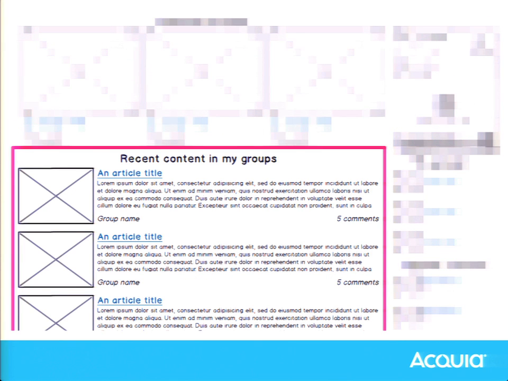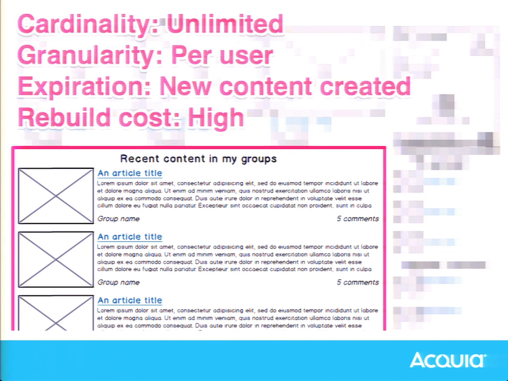So I think this is a good case of first getting into, now that we're looking into granularity and cardinality, we can start to understand when caching is good and when caching may not actually be useful. So for example, for this block, there's an effectively unlimited number of versions of this because it's going to change on a per user basis.